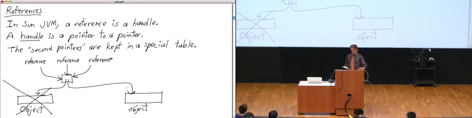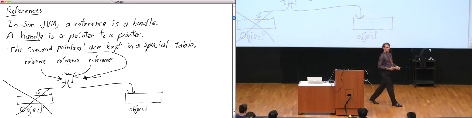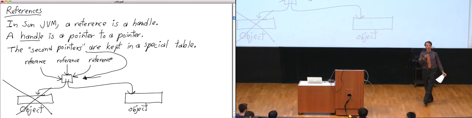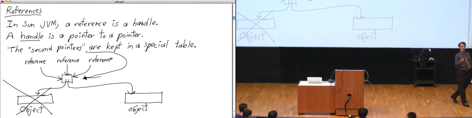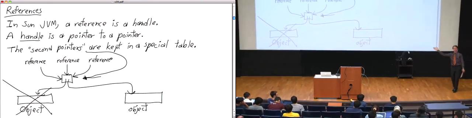And again, these second pointers here are kept in a special table because the second pointers are small. They're just 4 to 8 bytes, depending on whether you have a 32-bit or a 64-bit CPU. And they're all the same size.